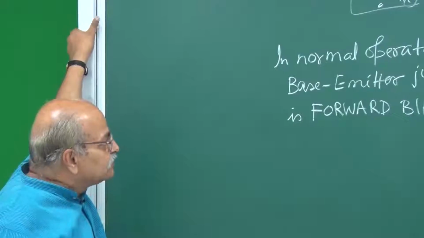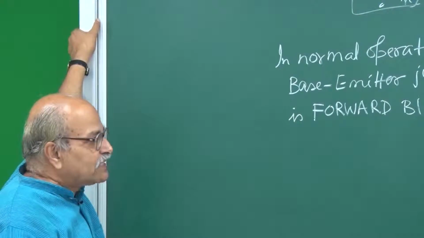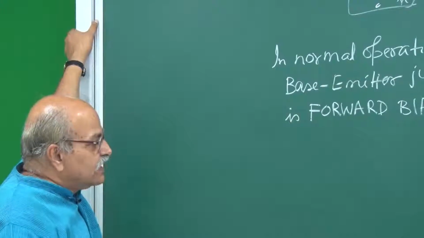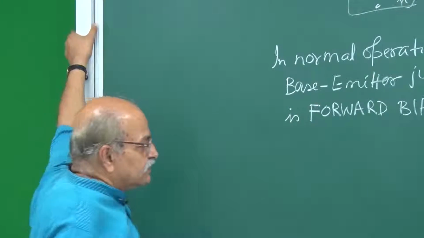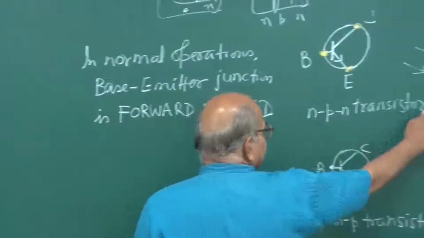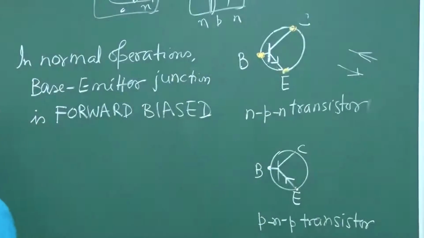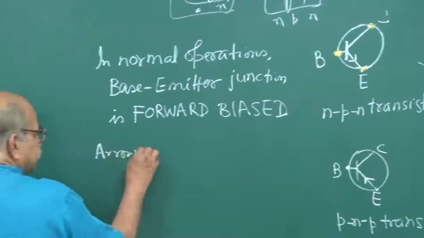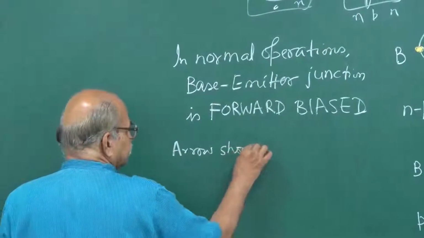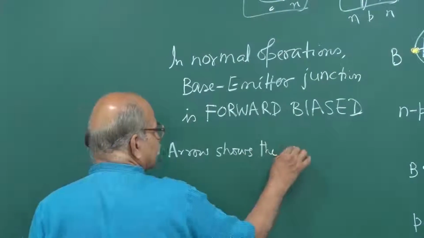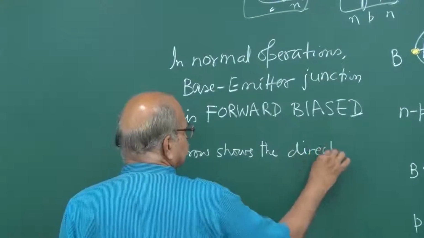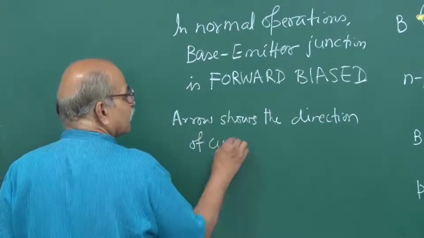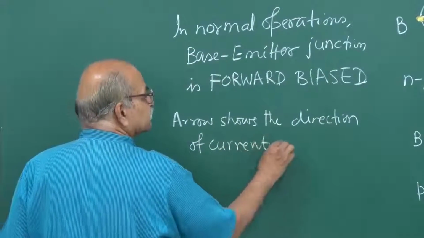In general, the base emitter junction is forward biased, and this is valid for PNP transistor as well as NPN transistor. So for both kinds of transistor, this is valid. Then the arrow shows the direction of current at this junction.